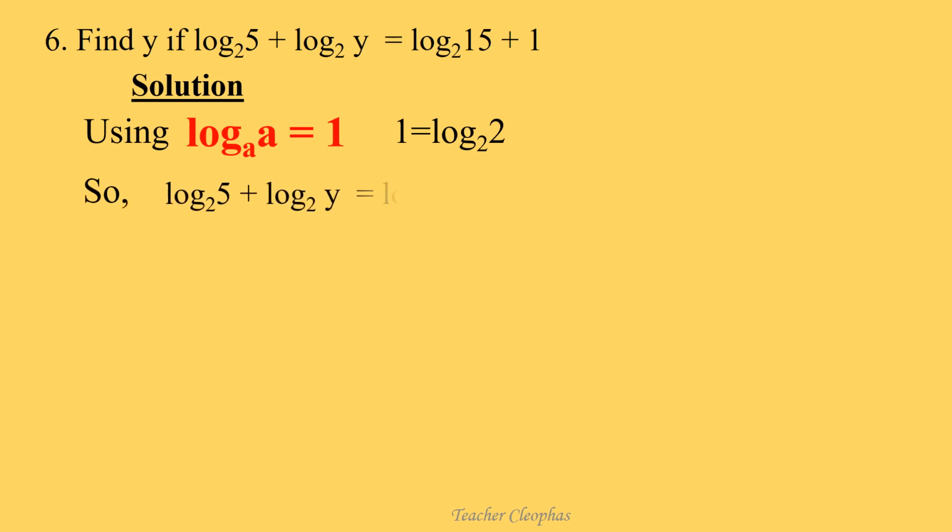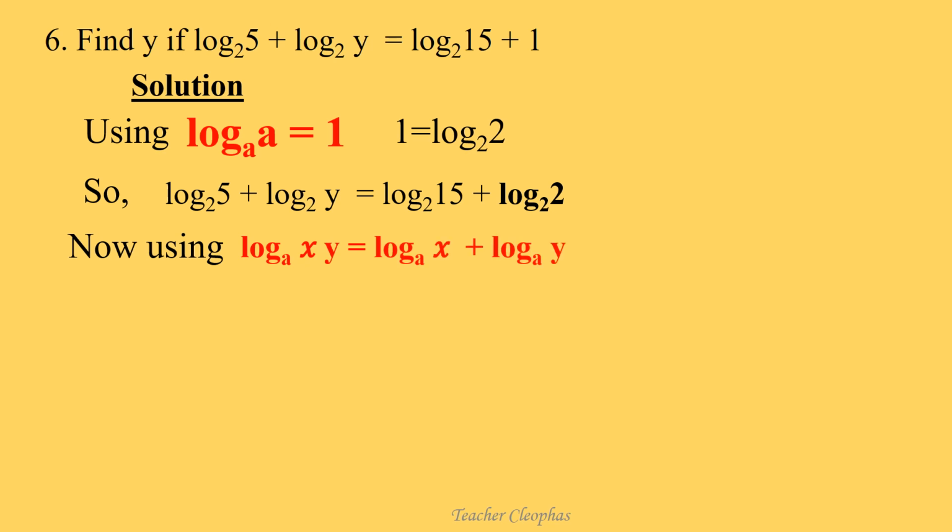So the logarithm of 5 to base 2 plus the logarithm of y to base 2 equals the logarithm of 15 to base 2 plus, instead of 1, we now substitute the logarithm of 2 to base 2. Then now using the law of logarithms that states that the logarithm of any product is the same as the sum of the individual logarithms.